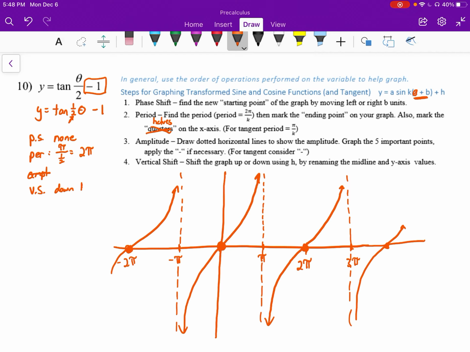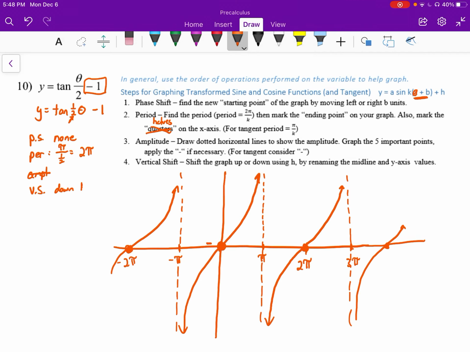And then the last thing we have to do is take care of this vertical shift. This goes down 1. So what we would do right now, this orange horizontal line here is our x-axis, but we don't want it to be our x-axis. We need to move down 1. So we're going to relabel this. This is going to be down 1.